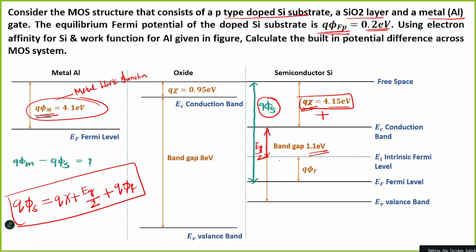So Eg by 2 is this distance, plus this distance, plus this distance. You will get the work function of the semiconductor.